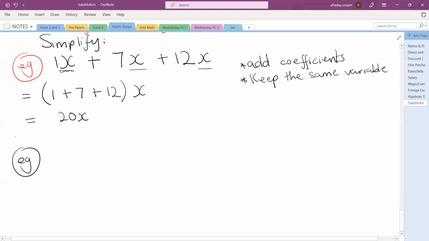What about if I say 9x minus 5x? Same variables. So I say 9 minus 5x, which is 4x. Again, we're just adding or subtracting the coefficients and putting back the same variable.